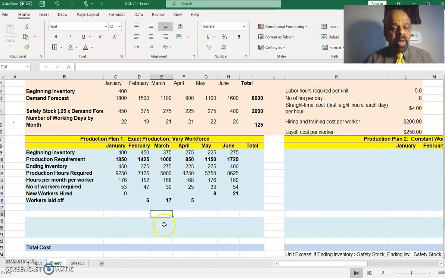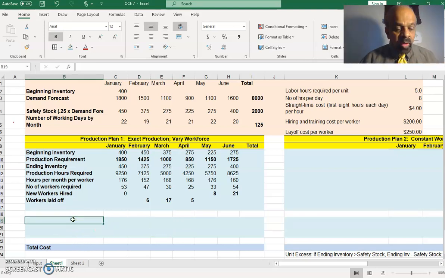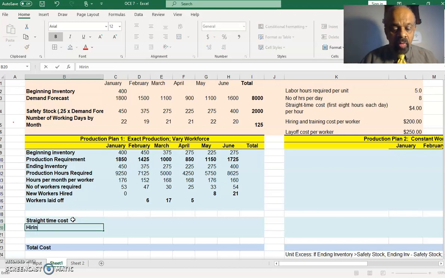So my costs basically will be 3 costs that I need to look at. One is my straight time cost. Another one is my hiring cost.